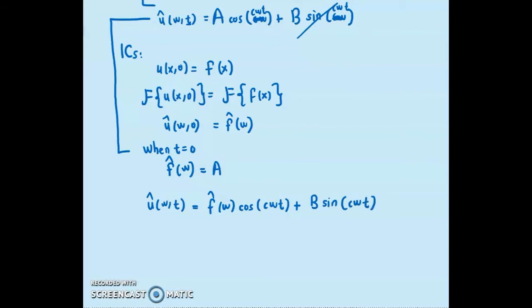Now we have another initial condition. The second condition says that the derivative of u, u_t(x, 0), equals g(x). Let's do it one at a time so that you won't get confused.